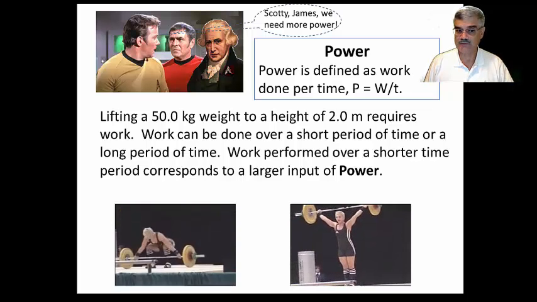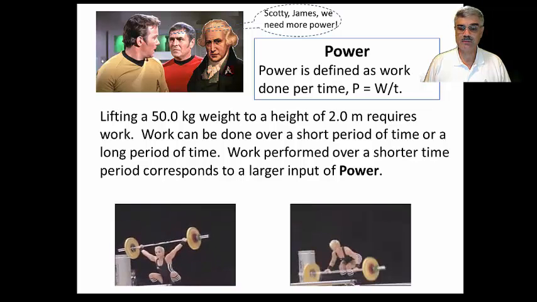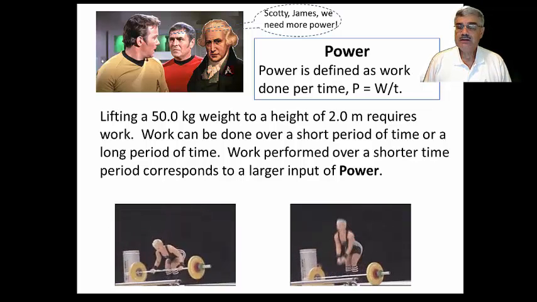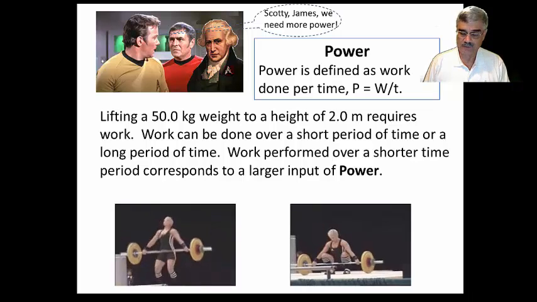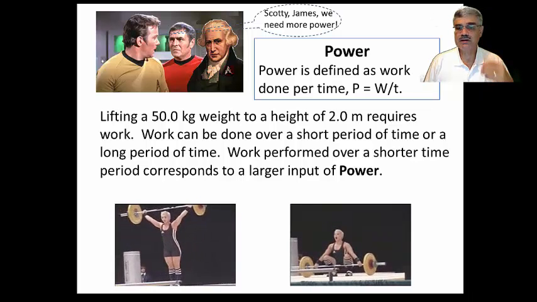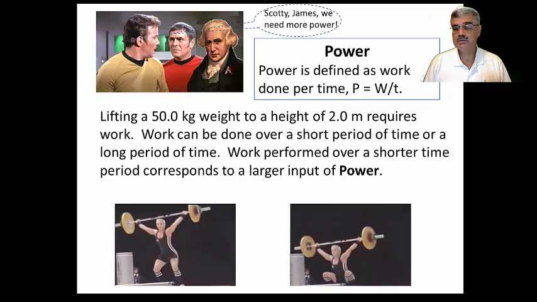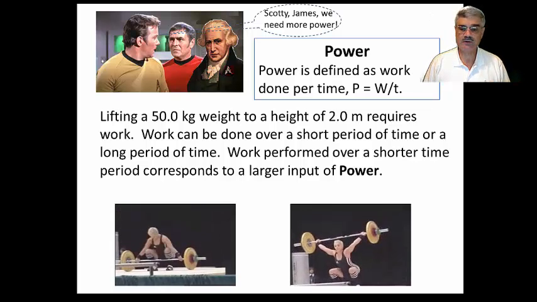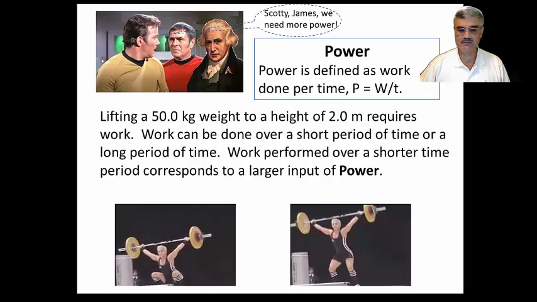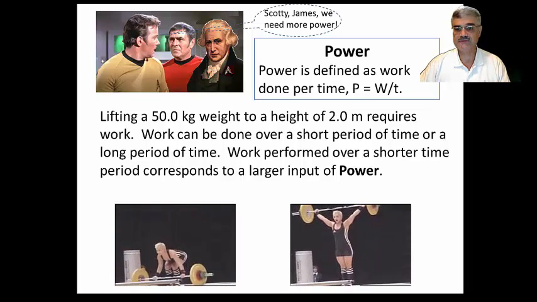The one on the left is lifting the bar much more rapidly than the weightlifter on the right. So the one on the left is exhibiting a much larger power than the one on the right, even though they're both lifting the same weight to the same height, because the one on the left is lifting it more frequently.